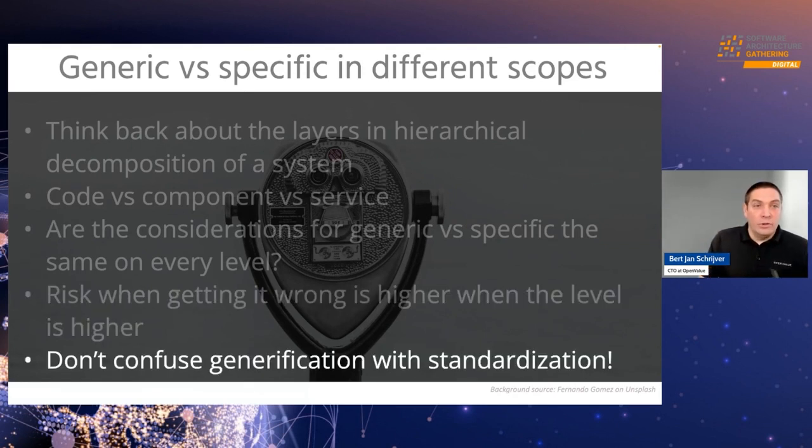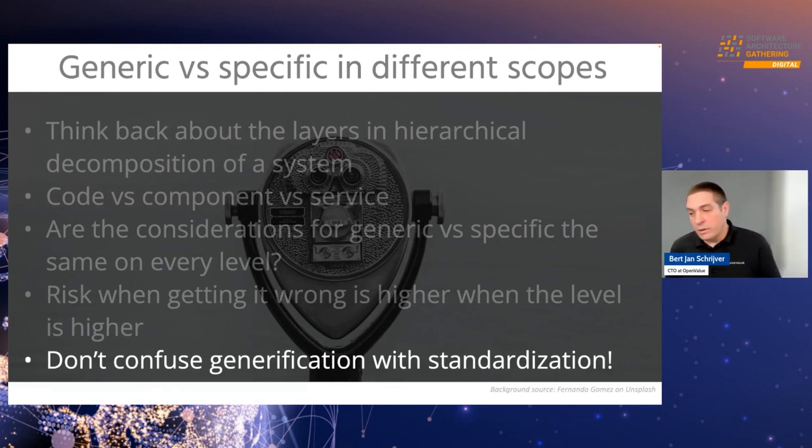I think we also should not confuse generification with standardization. So it's fine to standardize. You can standardize on, I don't know, OAuth everywhere. That doesn't necessarily mean that you need a generic OAuth library to write in your organization. Maybe you can use something off the shelf. You can also say we standardize on REST in our organization.